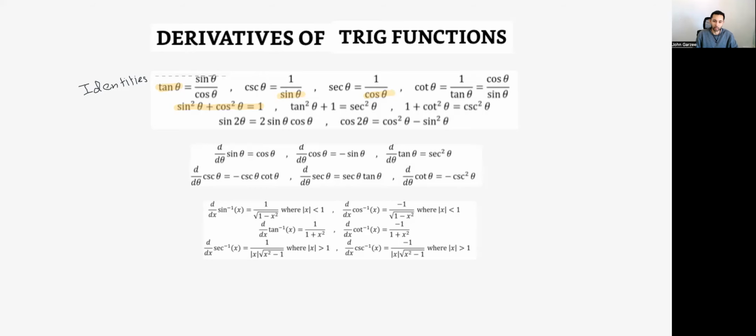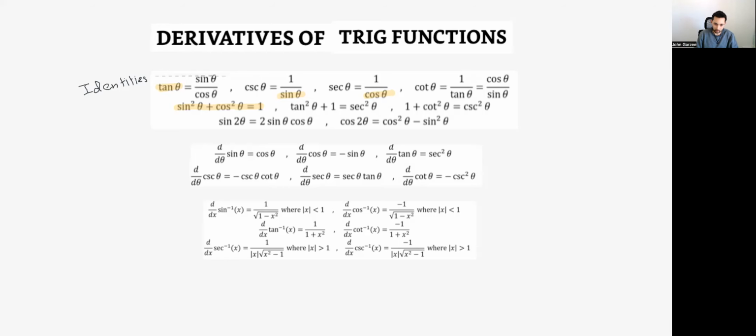It's kind of weird. The one that's sine gets a co, and the one that has co doesn't get the co. These are a lot to remember, so I wouldn't necessarily bother remembering them. I would just take a screenshot and keep this ready so you can always refer to it.